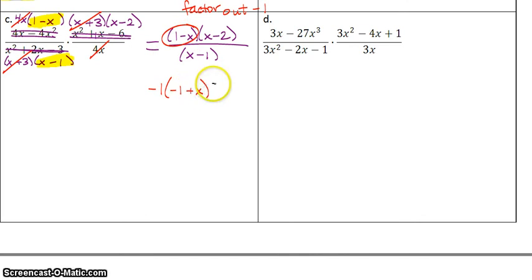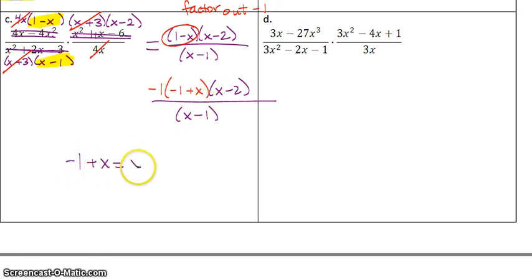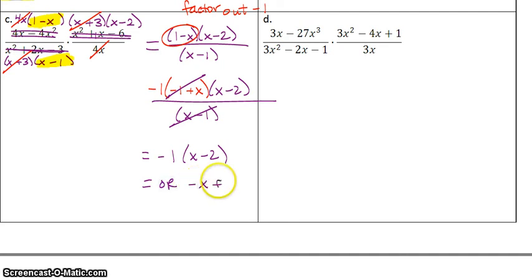So what I have essentially done is, now these are in a different order, but negative 1 plus x is the same thing as x minus 1, right? Agree with me? Same thing? Yes? Alright, so now I can cancel them because they're the same. And here's my final answer, negative 1 times x minus 2, or negative x plus 2.